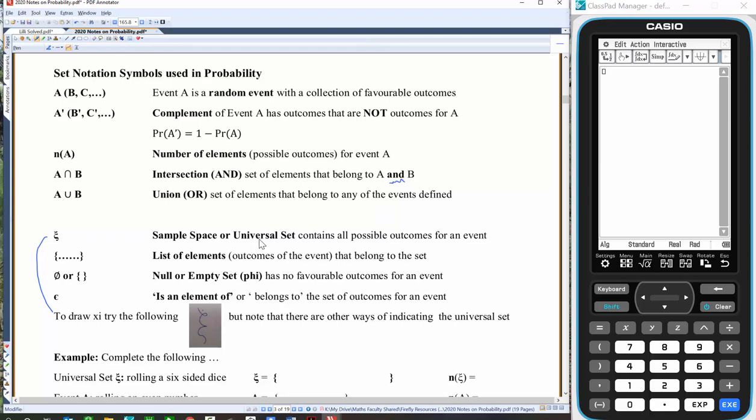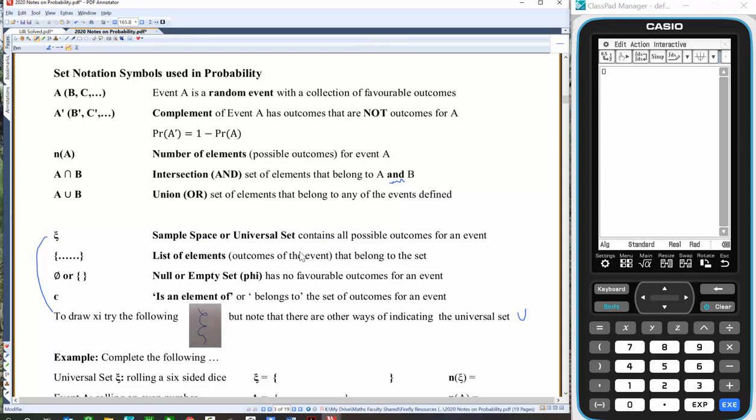I've noted here that there are other ways of indicating the universal set. A lot of people revert to U, which I don't love because it is confused with union as well. But that's just one method of doing it.